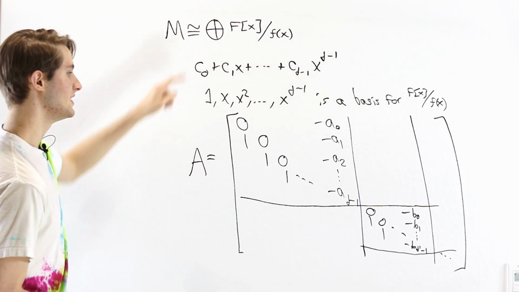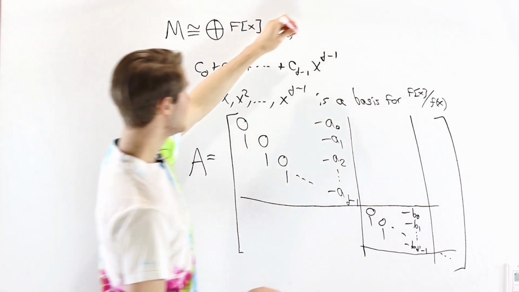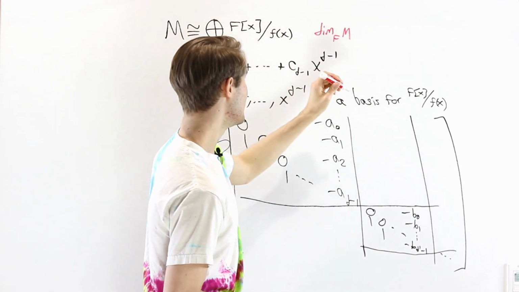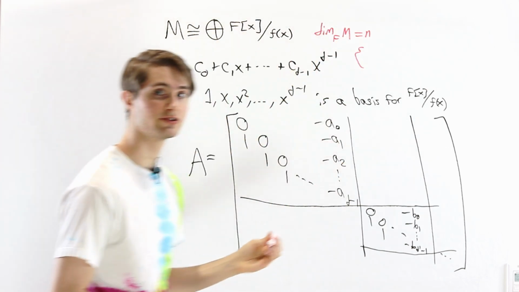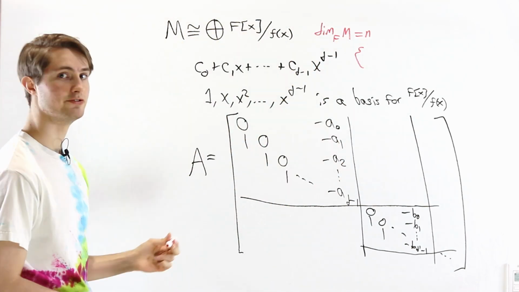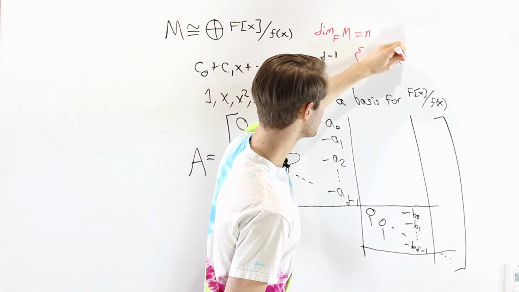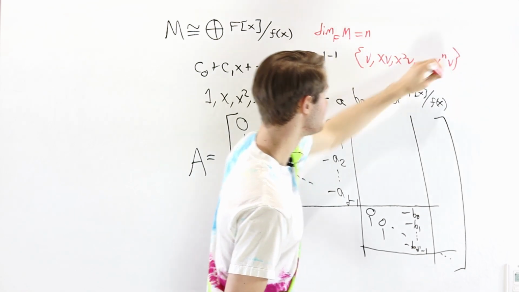Suppose that M is a finite dimensional vector space over F. In that case, the dimension of M over F is finite, let's call it n, and then let's consider the set of vectors for any v in the vector space. We'll look at v, xv, x squared v, and so on up to x to the n v.